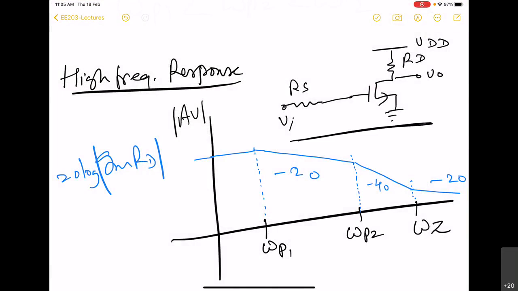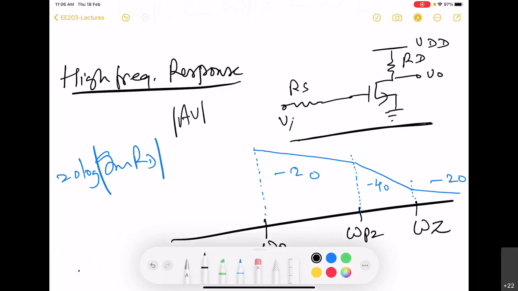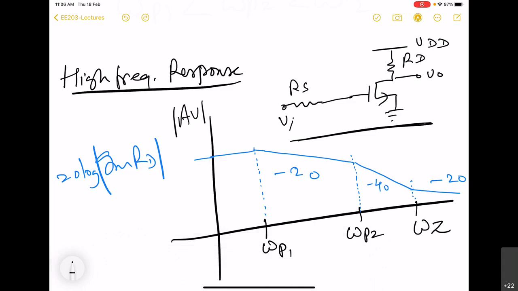It will be flat for the smaller values, and then it will start reducing with a slope of minus 20 dB per decade, then minus 40 dB, and then finally minus 20 dB.